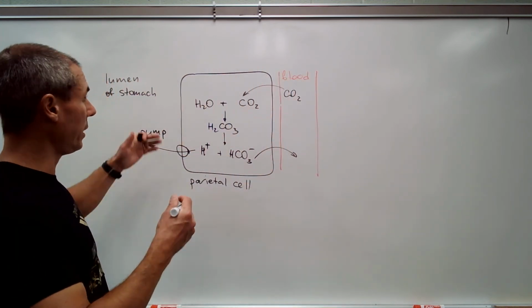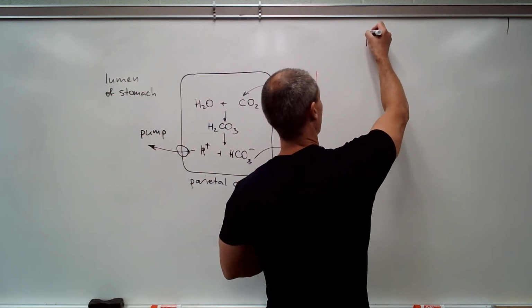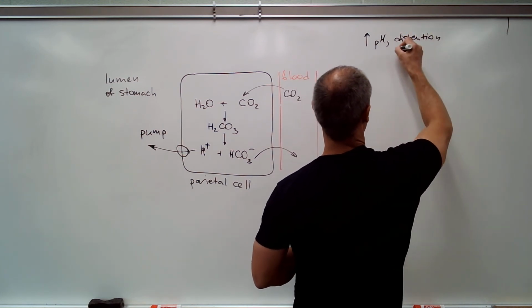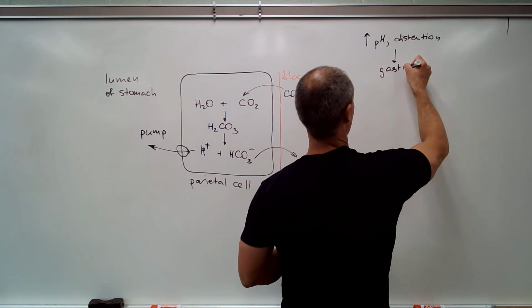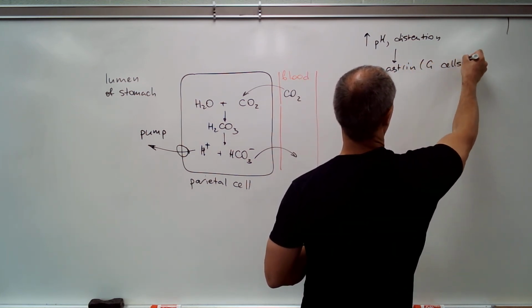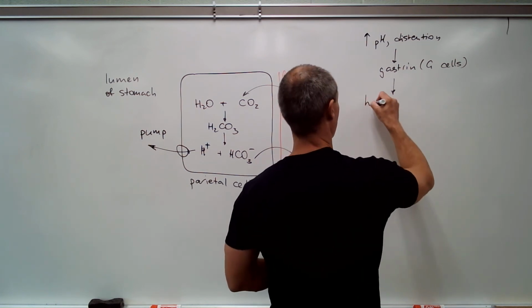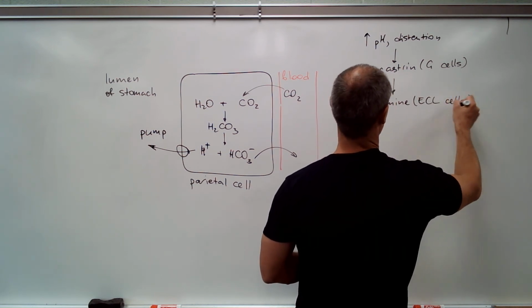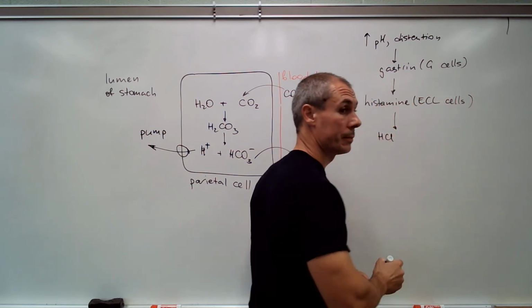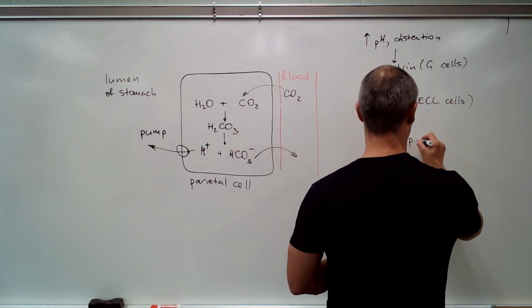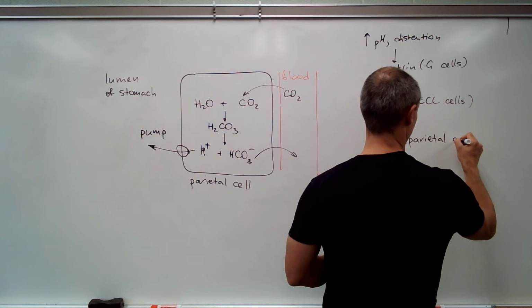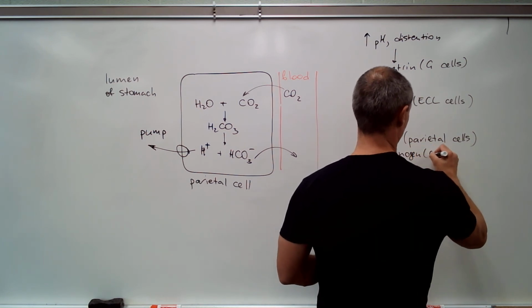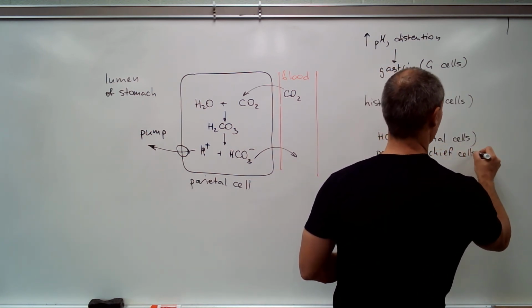Basically, this all falls in line: increased pH or distension, gastrin produced by G cells, stimulates histamine produced by ECL cells, which stimulates hydrochloric acid from parietal cells, and pepsinogen from chief cells. Just as a reminder.